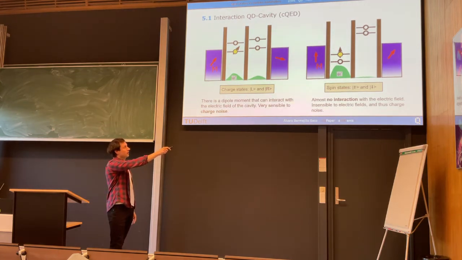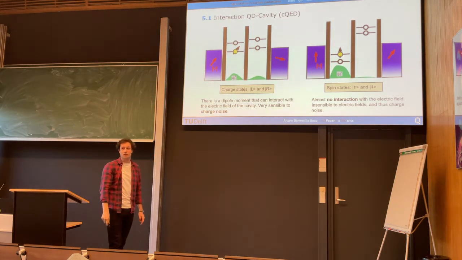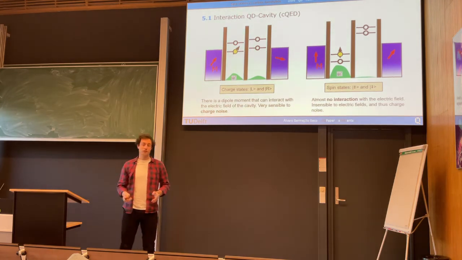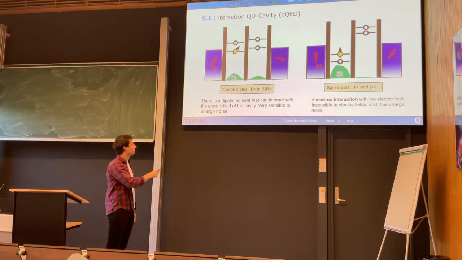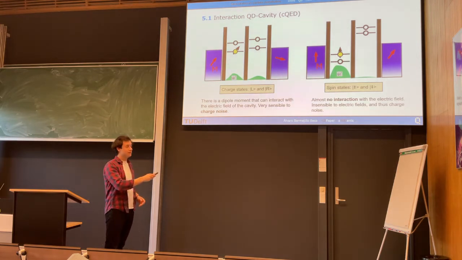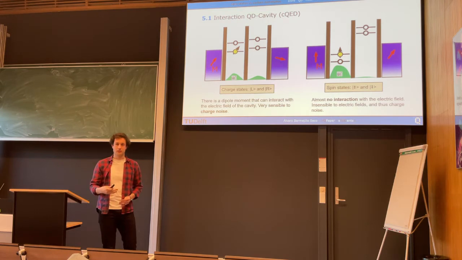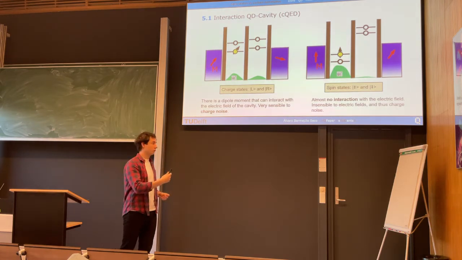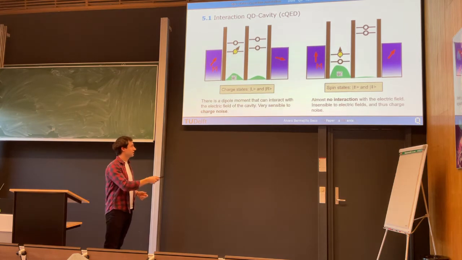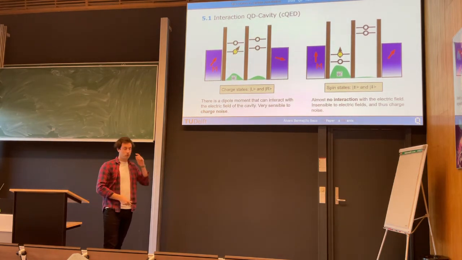This breaking of the degeneracy is given by the magnetization of this material here. And here we almost have no interaction with this charge noise that we talked about before. So these spin states are much more resistant to noise in the voltages and charges around. So this is what they will use to make their qubit.